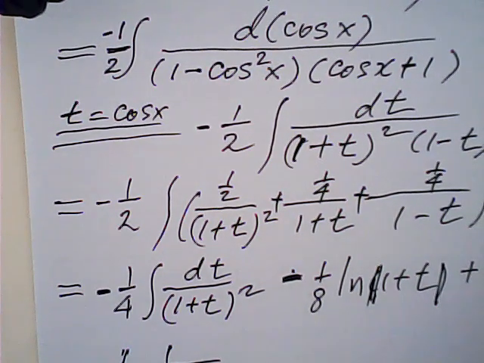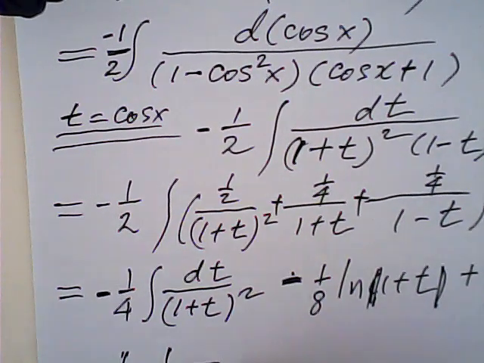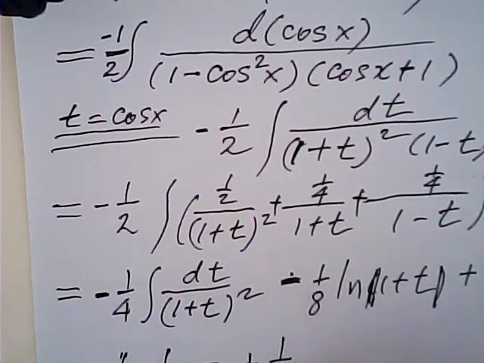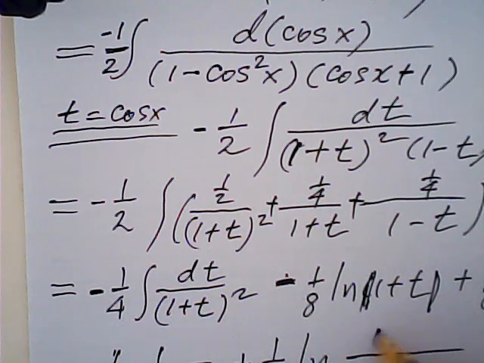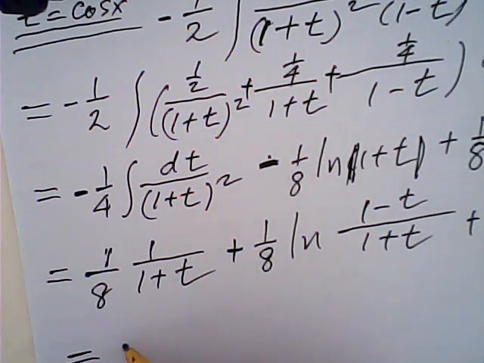And these two, positive plus 1/8 log 1 minus t, 1 plus t, plus c. Okay, then we fill up t by cosine x.